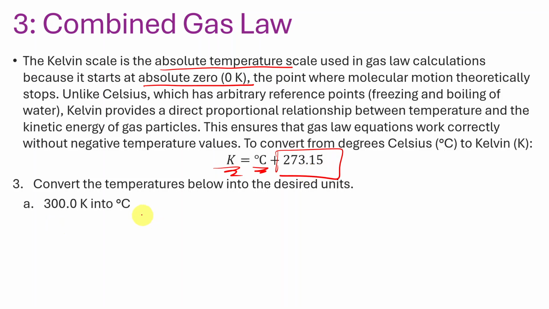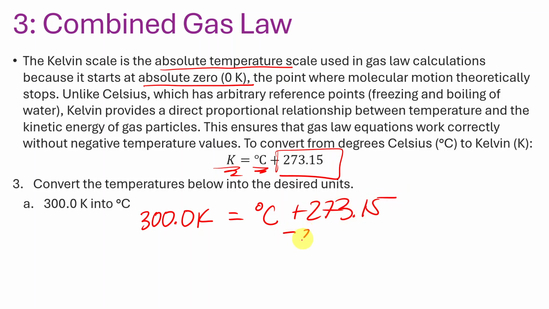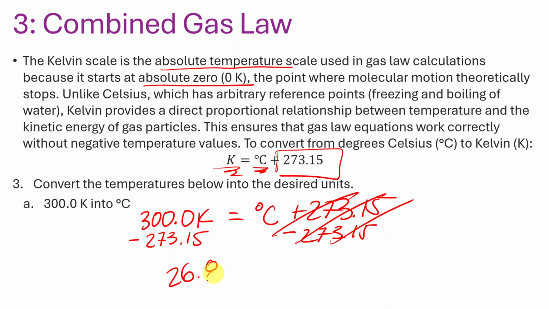So if I have 300 Kelvin, that's equal to degrees Celsius plus 273.15, which basically means I'm going to subtract 273.15 from both sides. When I do that, this part cancels, and I'm left with a temperature of 26.85 degrees Celsius.